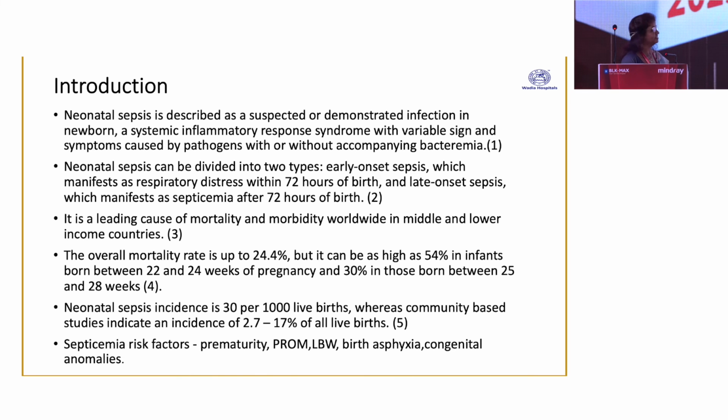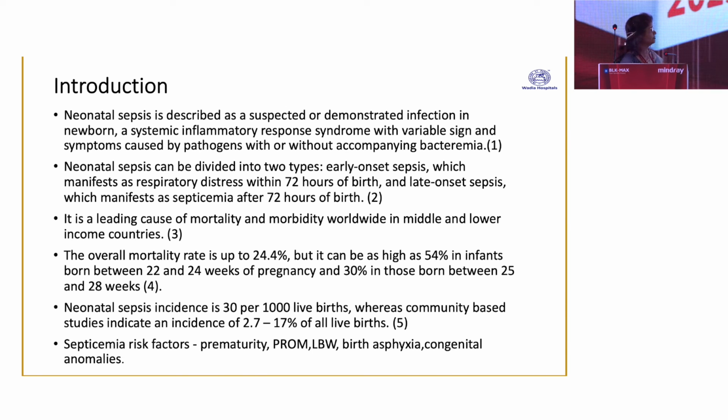So first of all, what is septicemia? By definition, neonatal sepsis is a suspected or demonstrated infection in a newborn, a systemic inflammatory response syndrome with variable signs and symptoms caused by pathogens with or without accompanying bacteremia. Neonatal sepsis is divided into two types, early onset within 72 hours and late onset, which manifests after 72 hours of birth.